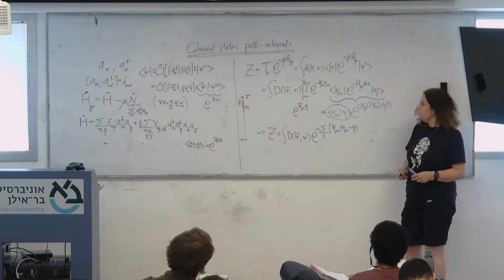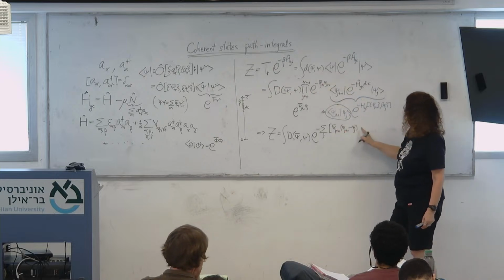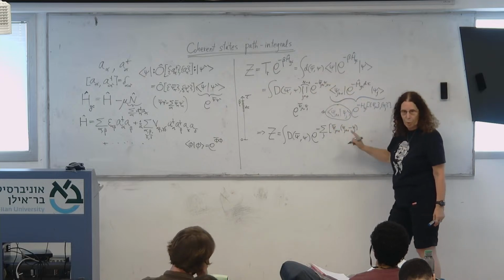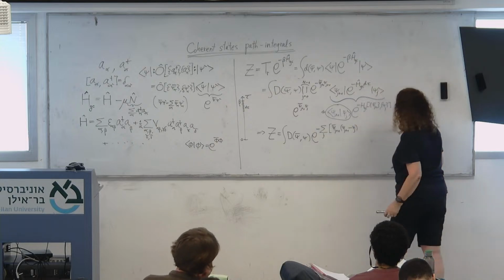So I have this exponential times this exponential, and I can write it like this, collecting them together, with an overall minus sign.